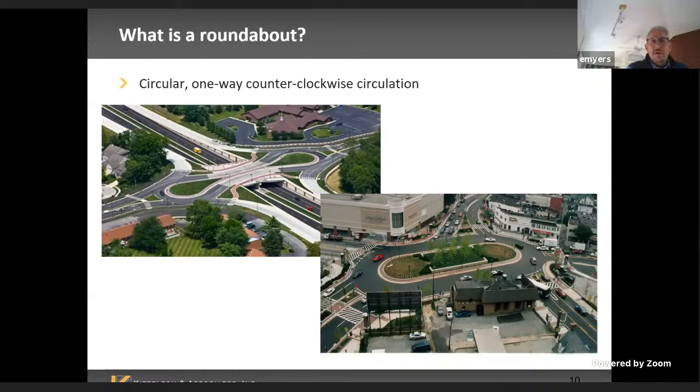Anyways, he became mayor of Carmel, Indiana, and he made it his mission to replace all the signals in the city of Carmel, which is a city of about 150,000 population. And to date, they have, I believe, around 140 plus or minus roundabouts in the city of Carmel. There's still a few signals that remain, so his work is not done, but he's been the mayor for close to 20 years.